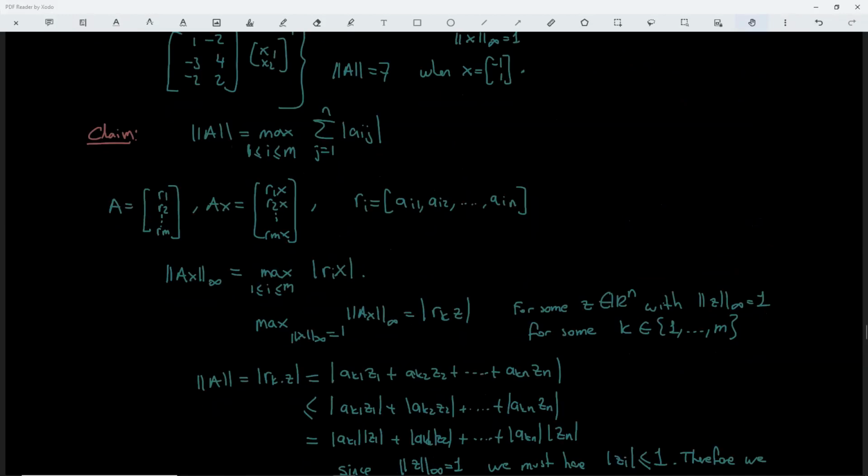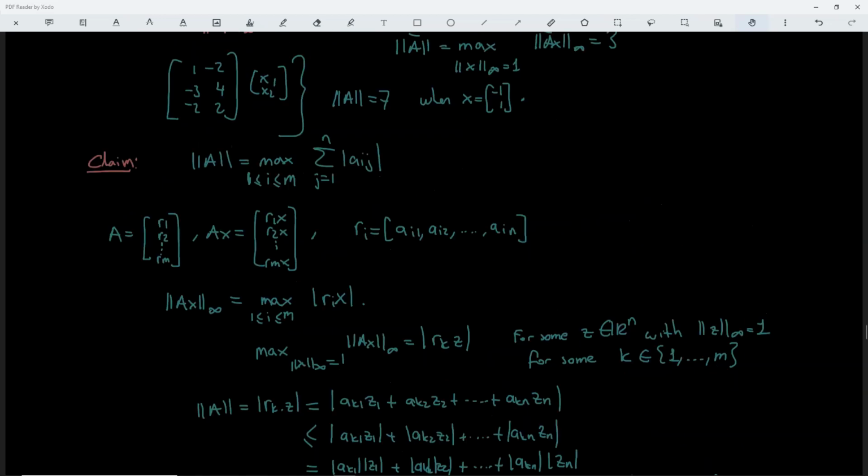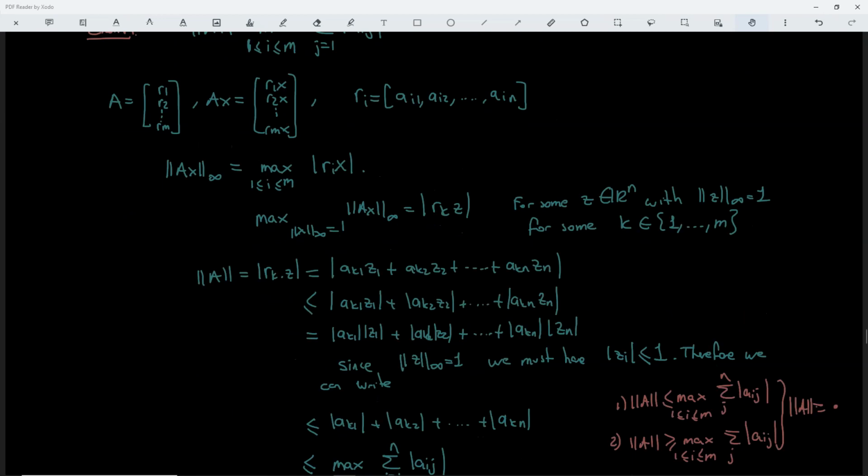So we just said that, okay, suppose that the infinite norm is maximized for the kth row. Then if that is maximized at the kth row, there is a vector z such that if you multiply those two, the infinite norm is equal to such an expression over there, okay?